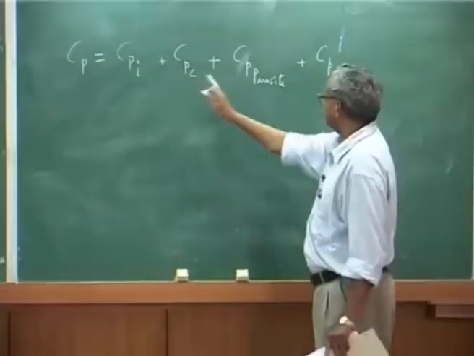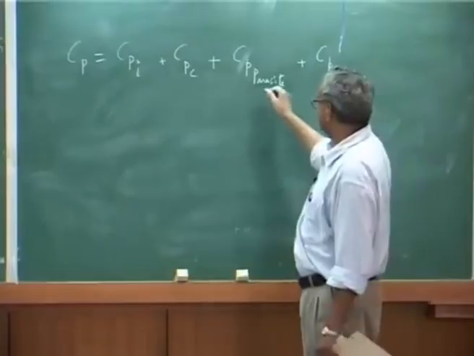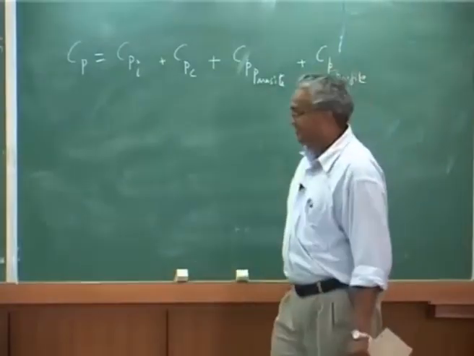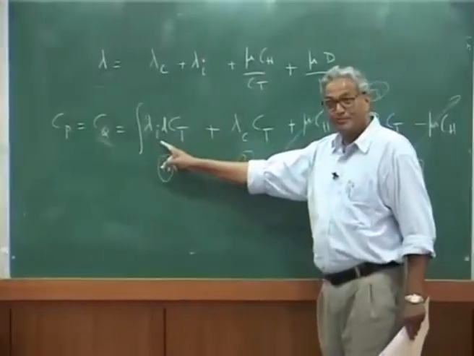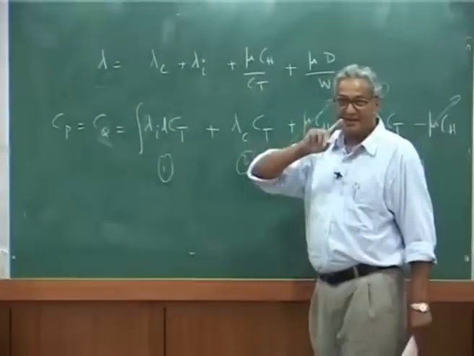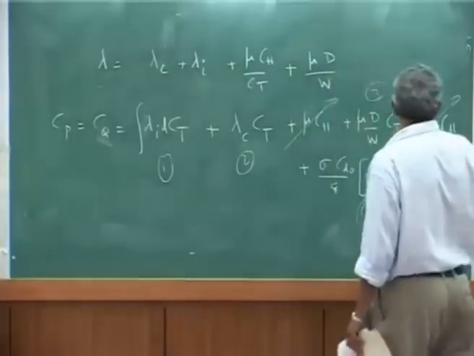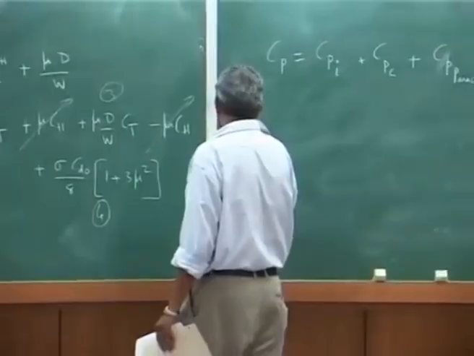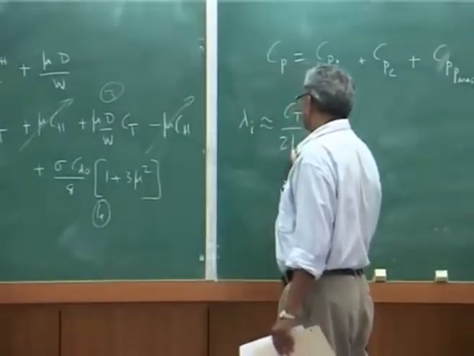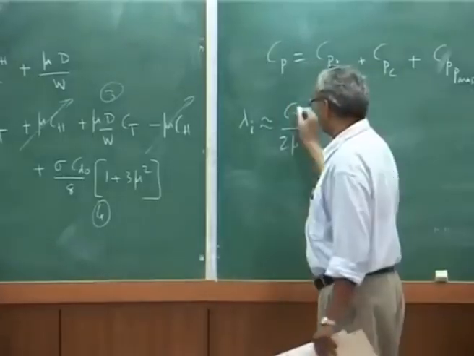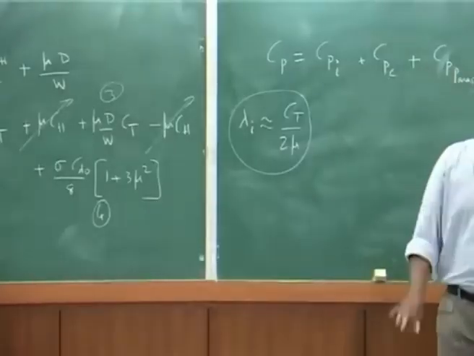So, you have power for 4 terms, and each one of them you have the expression, if lambda is constant, you know you can get a lambda I at high speed, okay. The approximation is Ct by 2 mu, okay, for mu greater than 0.1.